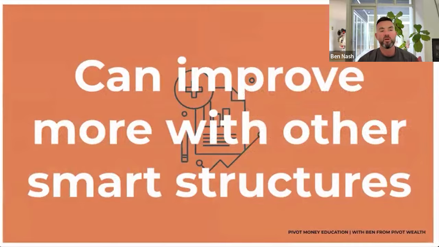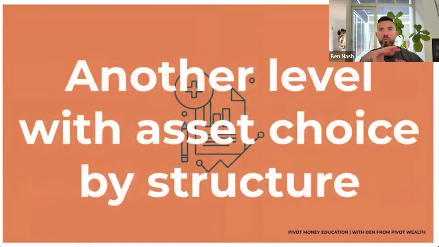You can improve that even more with other smart structures around how you invest, because there's another level to this. Assuming that you've got trust companies, and maybe you've got a super fund, maybe you've even got an investment bond, choosing the right assets to put in the trust versus the company versus the investment bond can make a really big difference. For example, with an investment bond, you don't pay any capital gains tax if you hold an investment for 10 years or more.